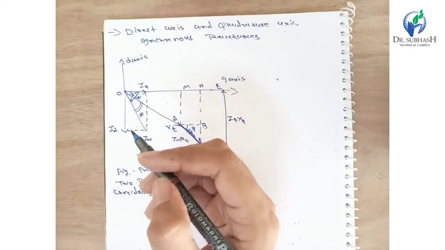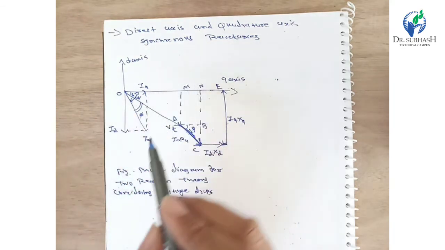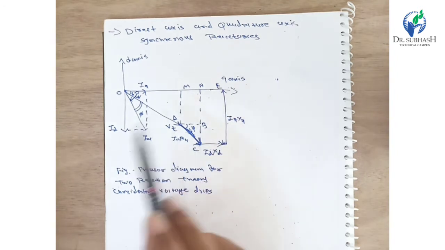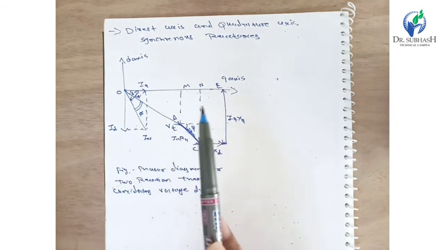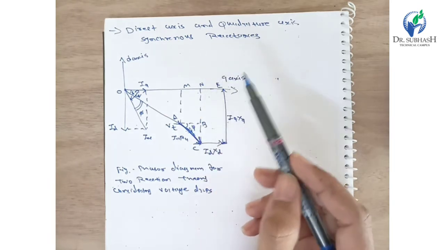For the direct axis and quadrature axis synchronous reactance, it is a figure of a phasor diagram for the two reaction theory considering voltage drop. The phasor diagram is drawn for the explanation of the reactance theory.